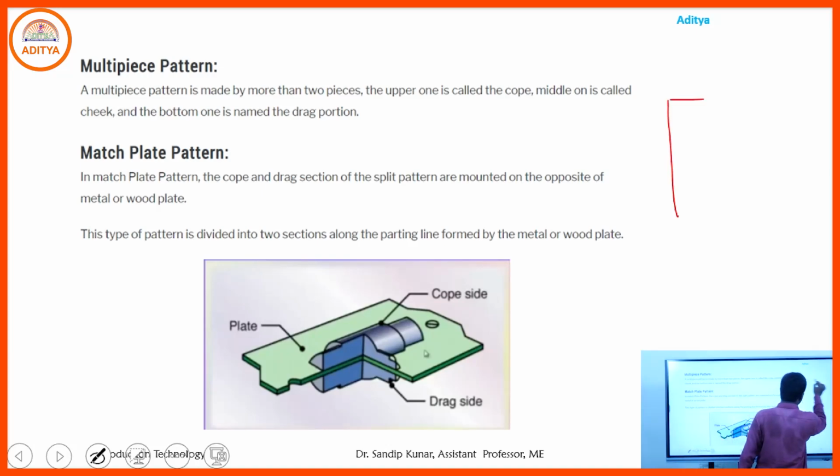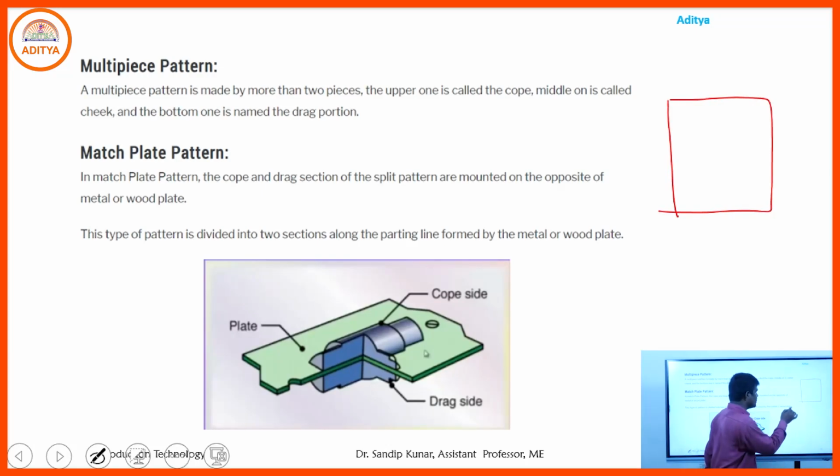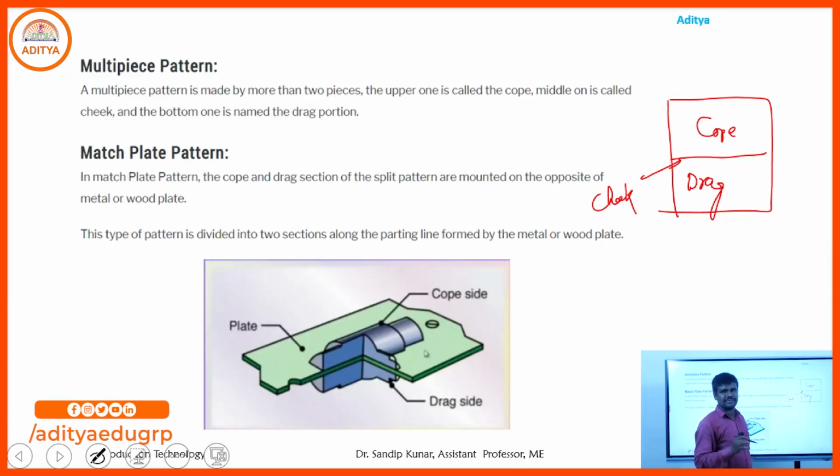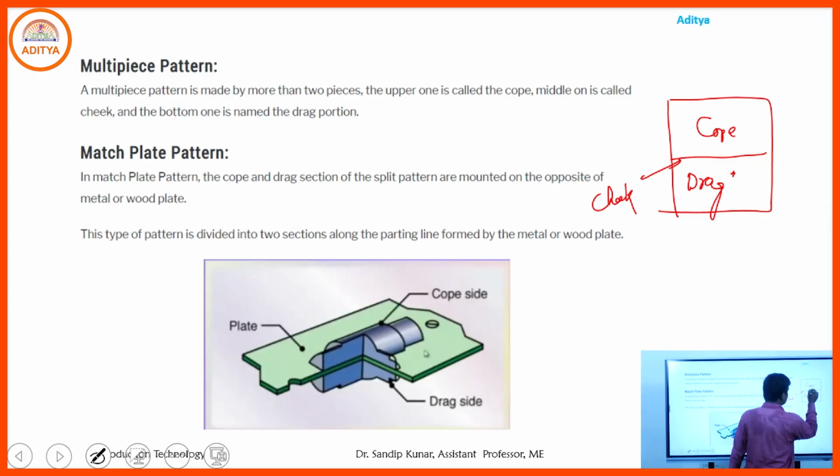If we consider the molding box, the upper part is called the cope, the lower part is called the drag, and the middle part is called the cheek. In a multi-piece pattern, one part of the pattern is kept on the cope side, the lower part on the drag side, and another part in the middle, at the cheek.